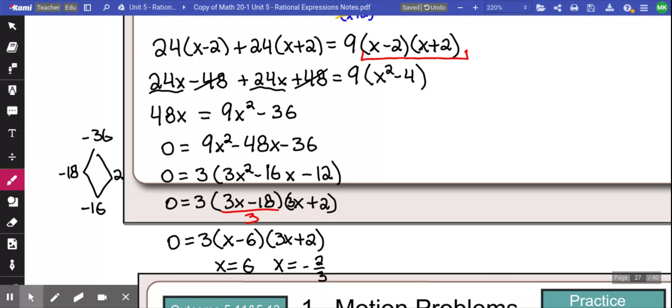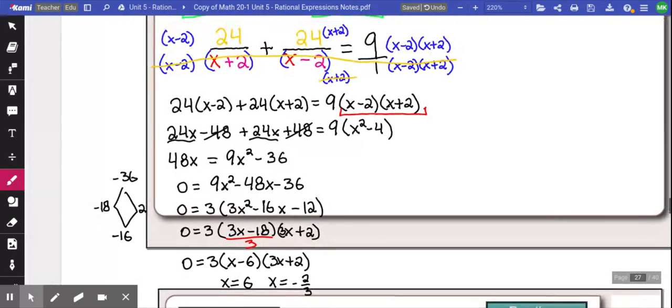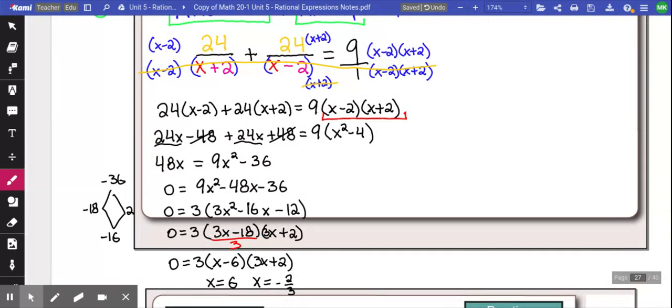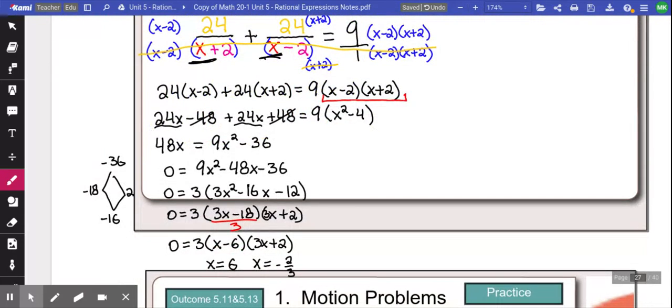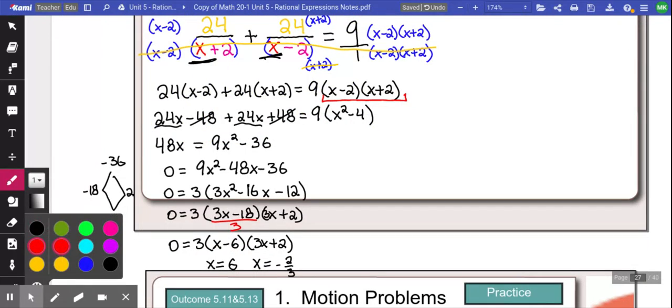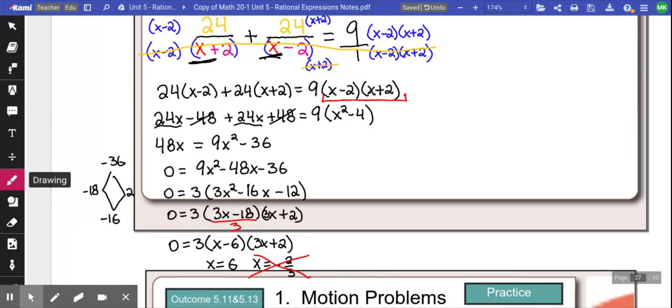We know that x represented the speed of me rowing the boat, right? From the very original question, that's what this x represented. It was my speed. So the negative 2 over 3 does not make sense. I would not row at a negative speed.